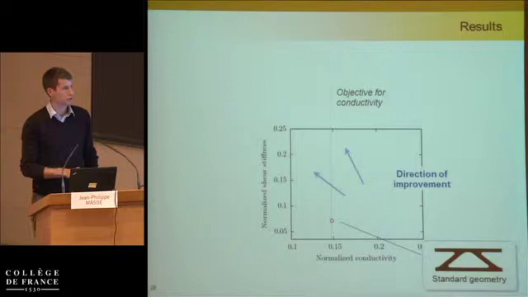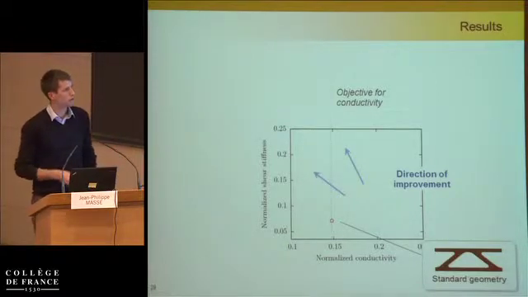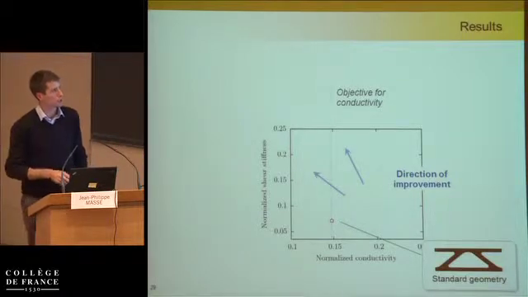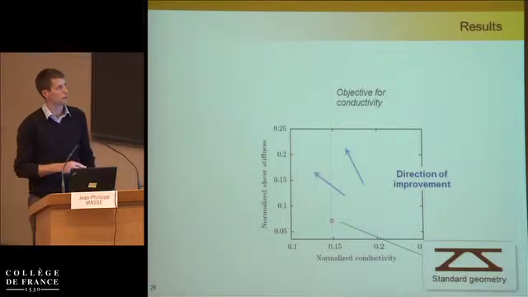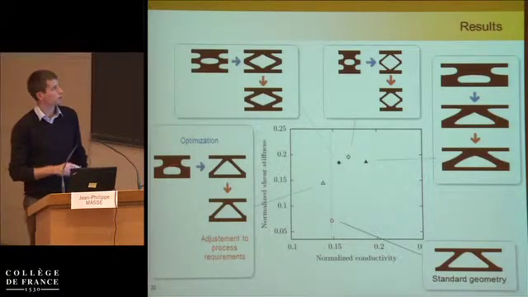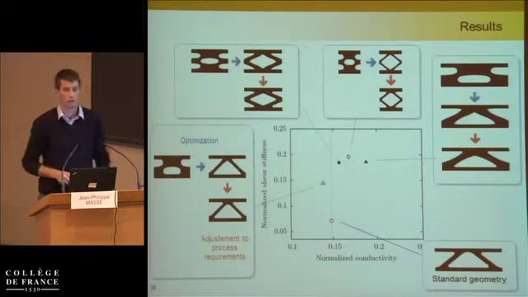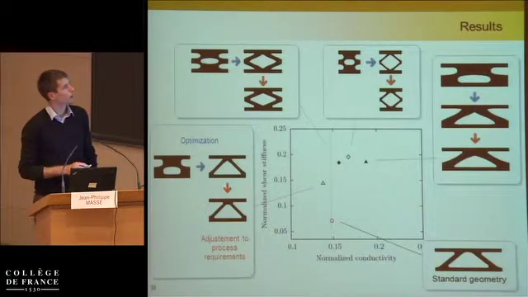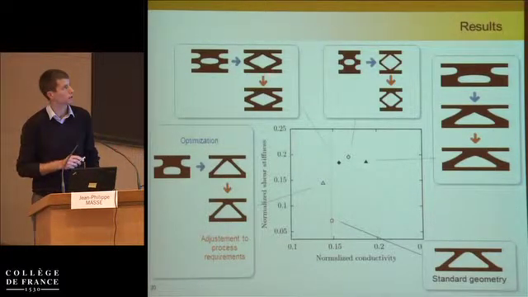So that was the standard geometry, the actual product at the beginning of the study, and we wanted to improve it in this chart, which is shear stiffness versus normalized conductivity. So we want to go in this part of the chart. By processing simulation of optimization from different initial geometry, we are able to propose some optimized geometry here in the center.